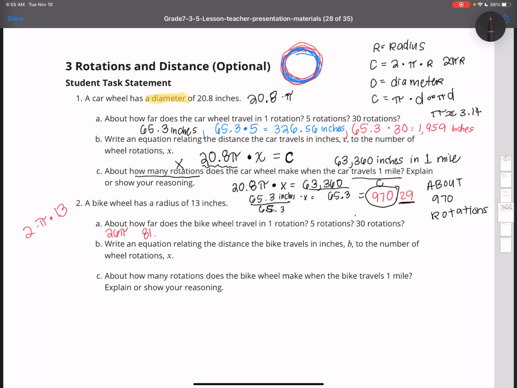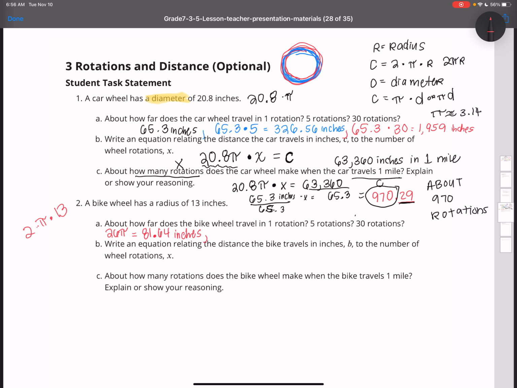81 and 64 thousandths. Oh, no, it's hundredths. I'm sorry about that. So one rotation would be 81 and 64 hundredths inches. Okay. So that's for the first rotation. So then I could take this number, put this right here so y'all can know that equals that.